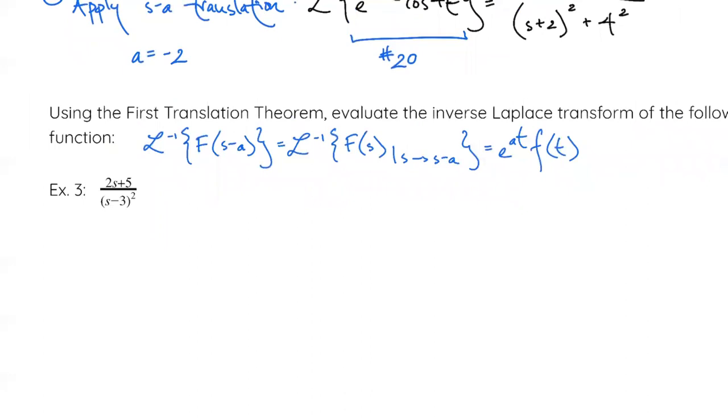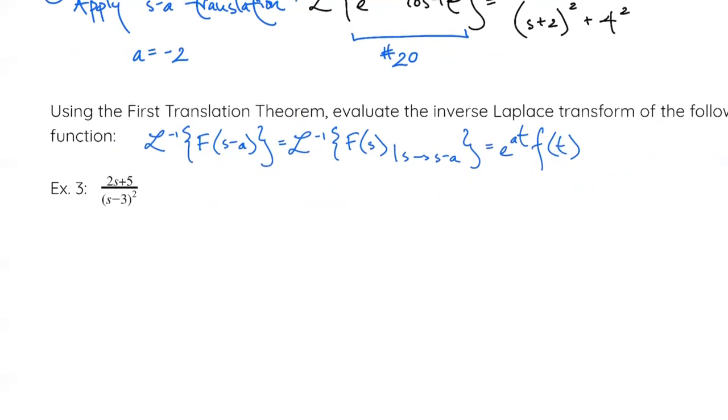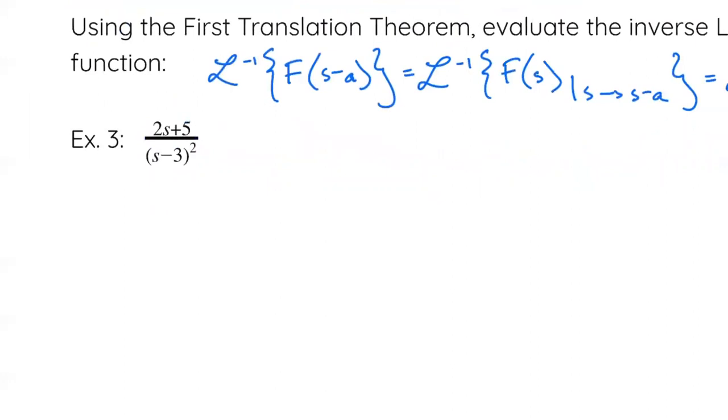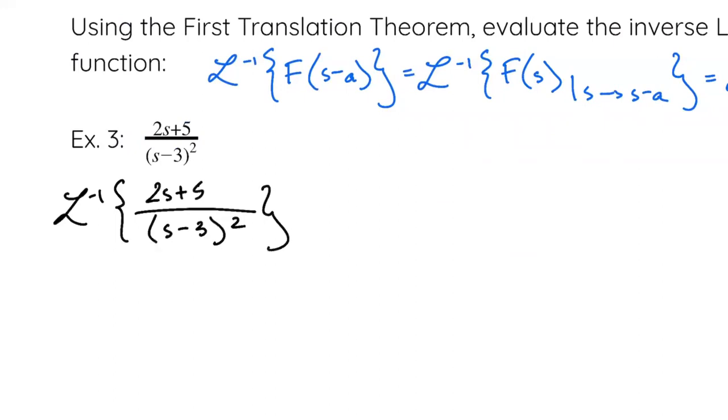So let's see how this plays out. Let's go ahead and find the inverse Laplace of 2s plus 5 over s minus 3 squared.